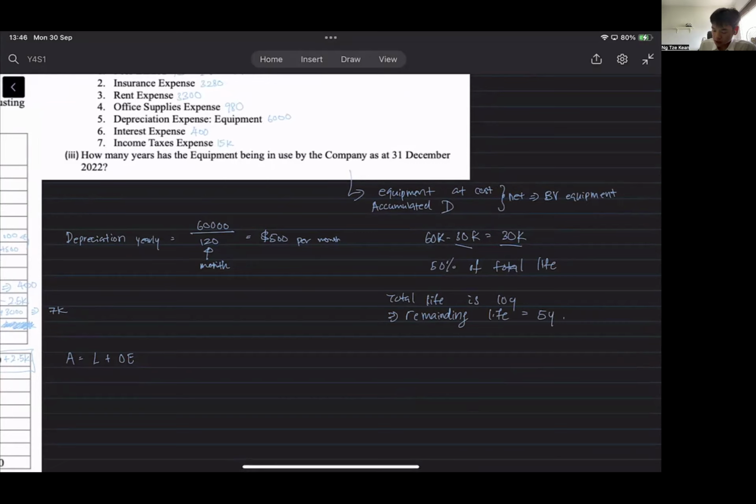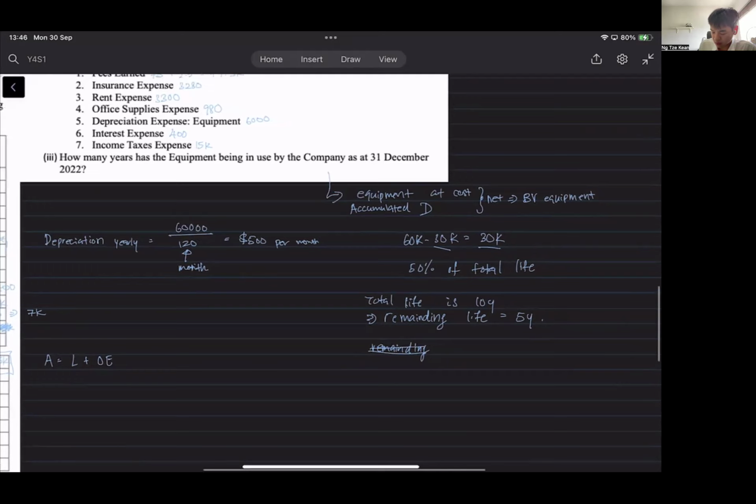Alternatively, rather than using remaining, we can just take the book value over the equipment recorded at cost, times the 10 years. And you should also get the 5 years. So note the book value is 30,000, and the equipment recorded at cost would be 60,000. And you would still get back the same number of years in both cases.